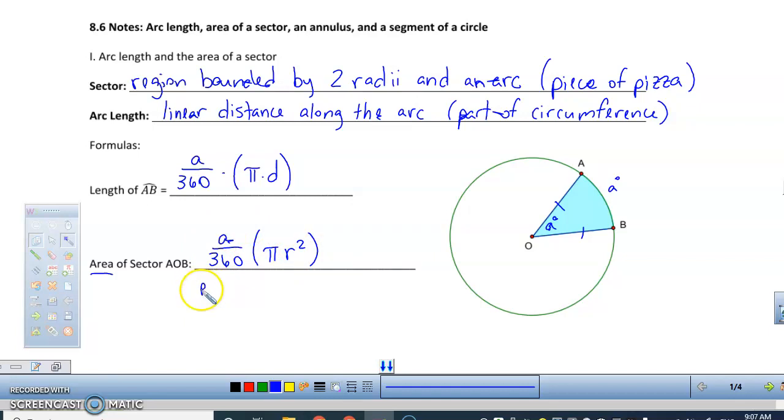This is the part, and then of means times, and then the area of the circle. For arc length, this is the part, and of is times, and we do the circumference. So there are the formulas we're going to use.